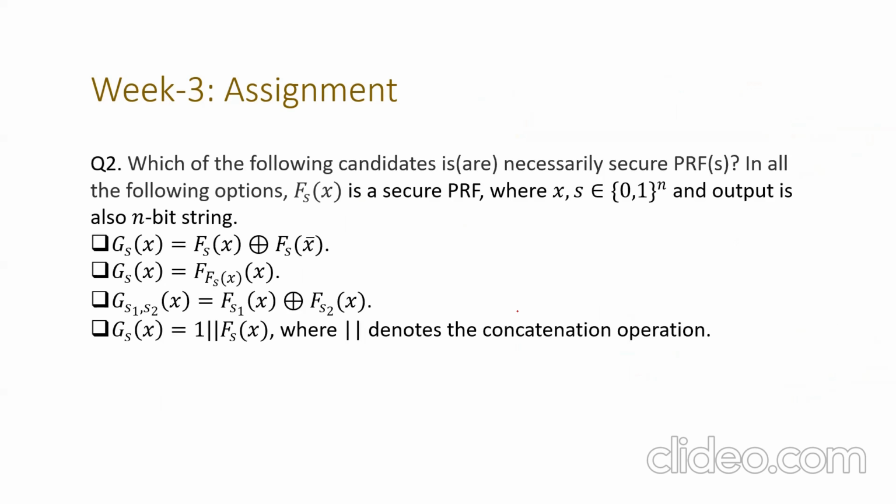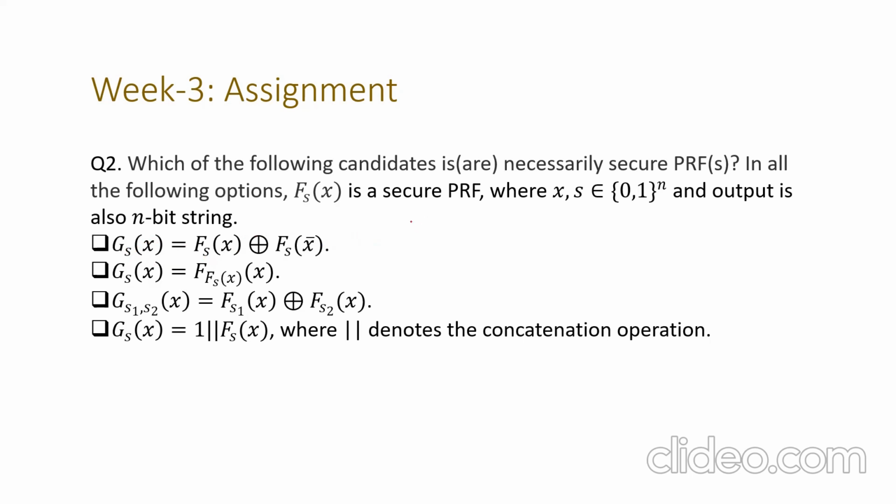Which of the following candidates is or are essentially secure PRFs? In all the following options, F(S, X) is a secure PRF, where X and S are n-bit length strings and the output is also an n-bit string. So you are given a secure PRF F, where S is the key and X is your input. And now you are trying to define another PRF G, which also uses S as its key and X as its input, and the PRF is defined in this way.